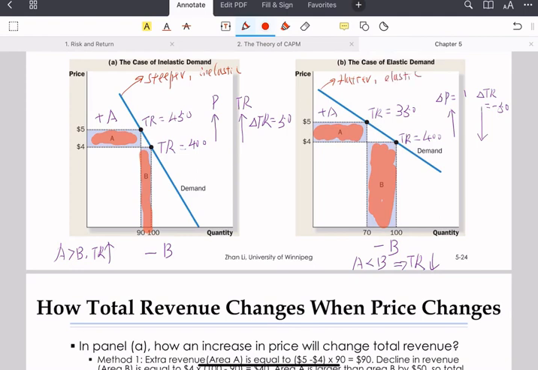So basically you will see a very interesting result. That is, if a demand curve is inelastic, an increase in price will increase your total revenue. And if a demand curve is elastic, the increase in your price will actually decrease your total revenue, right?